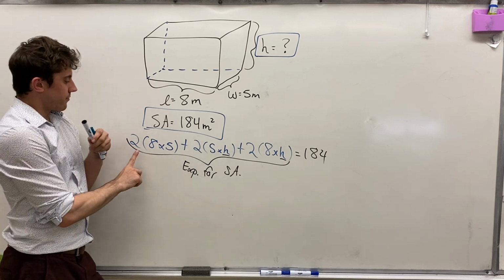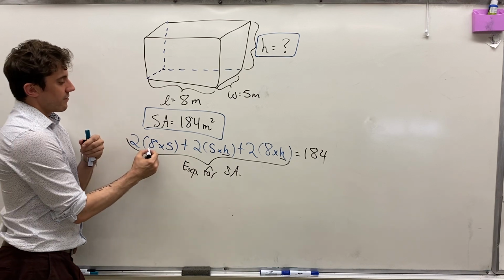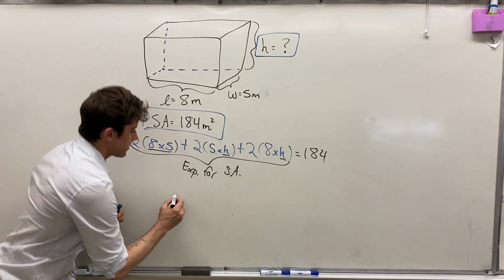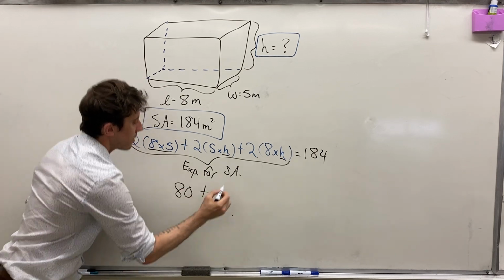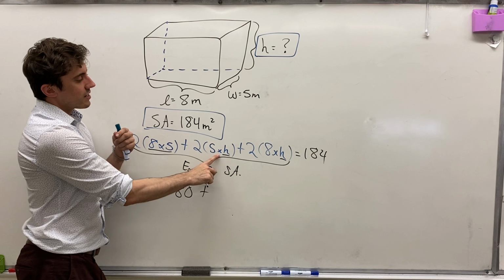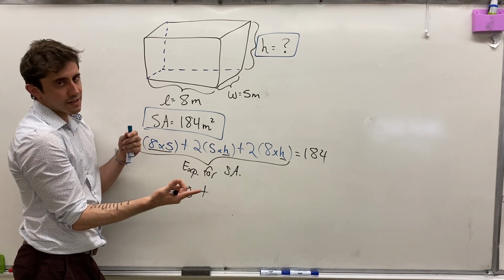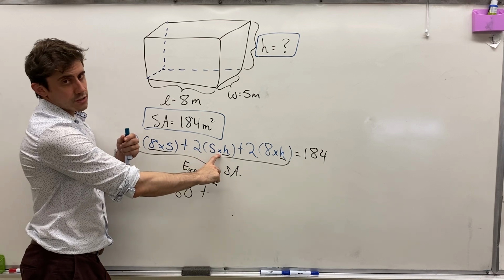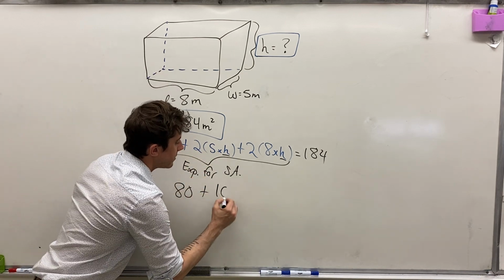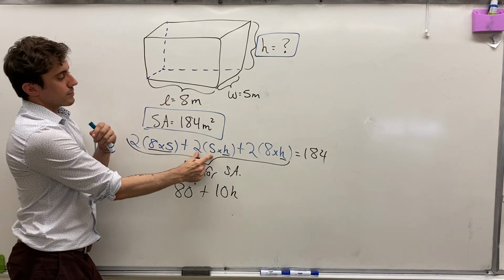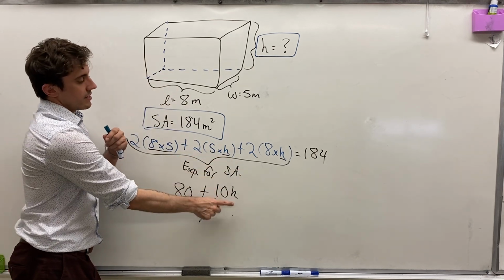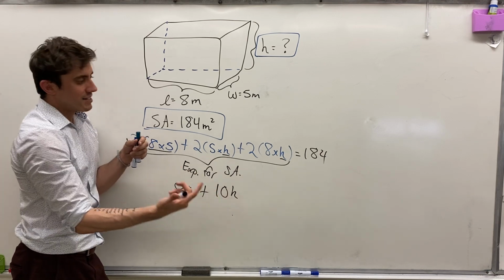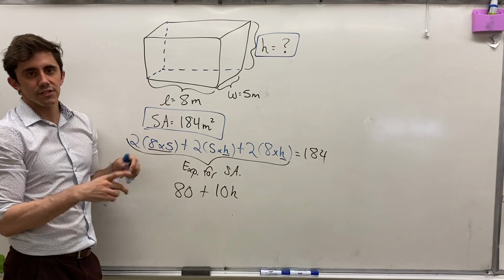So, let's start off with the first term. We have 8 times 5, that's 40. And then 40 times 2, that's going to give us 80 plus. Next we have 5 times h. We can write 5 times h as simply 5h. And then 2 times 5h, that's going to give us 10h, right? 2 times 5 is 10, and then the h tags along. 10h is implied to mean 10 times h, okay?